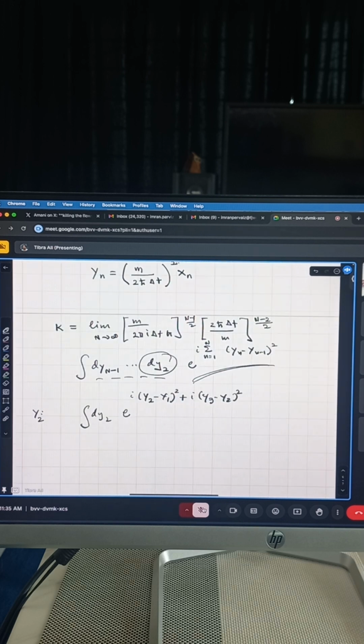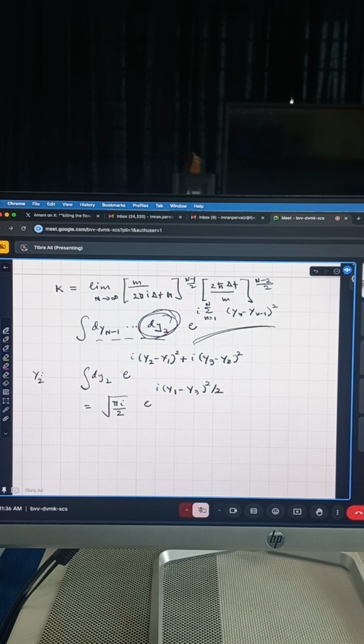So if you do this, you get square root of pi I by 2, times e to the power I y1 minus y3 squared by 2. And now you see why we have to do this integral first, because the result of this integral is going to influence the y3 integral. So for the y3 integral, we have to carry this thing.